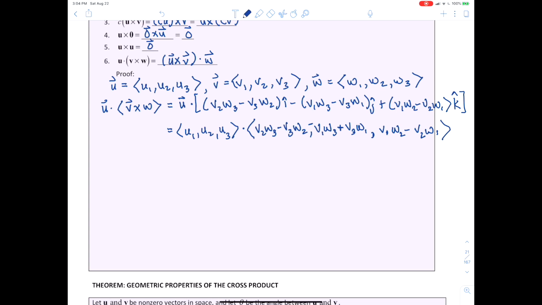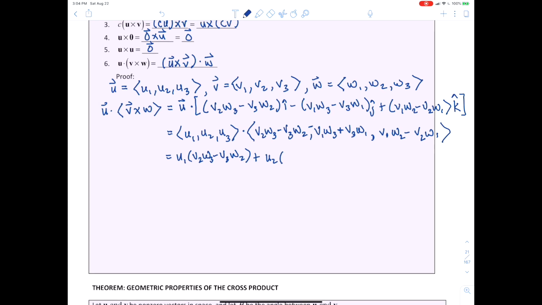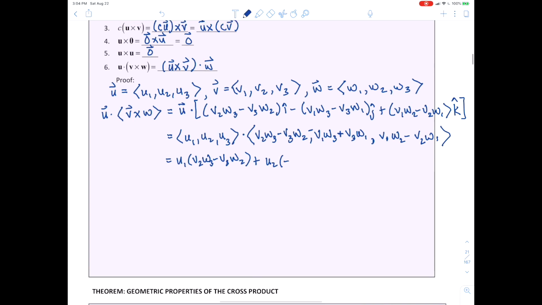All right, and then going through with the dot product, do you see we'll have U1 times V2 W3 minus V3 W2, plus U2 times negative V1 W3 plus V3 W1.